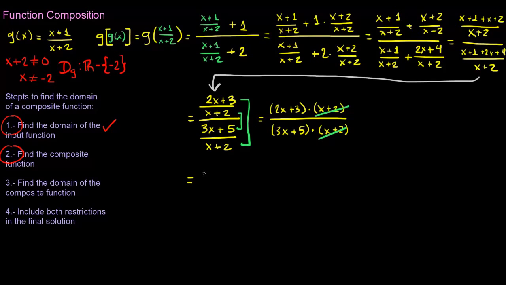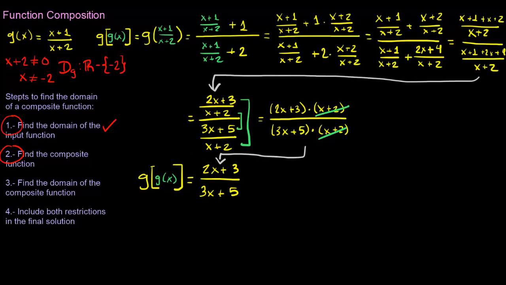I'm going to continue here just to make it clearer what I'm doing. It will be 2 times x plus 3 over 3 times x plus 5, and this actually would be our composite function, which is g of g of x.